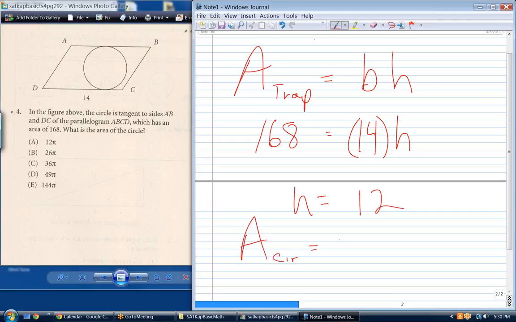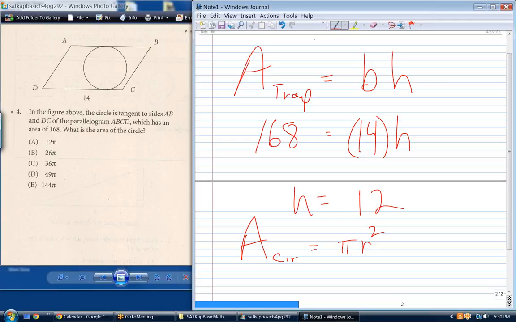And what's the area of that circle? Pi r squared. Oh, I thought you meant the actual circle. Sorry. We need the area. That's what they're asking for. What do we need to know to determine the area of a circle? Only one thing. Radius. What's the radius here, if the height is 12?